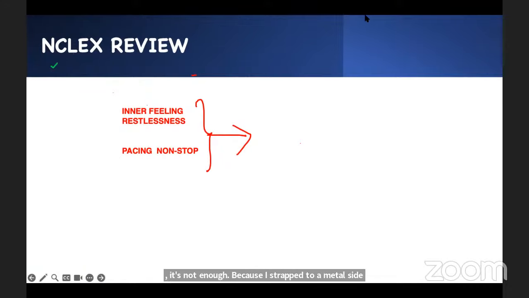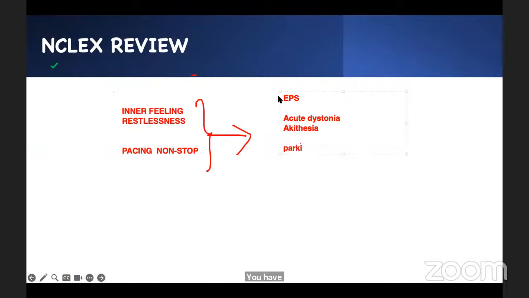They give you questions like that. Be careful. Don't pick the broad one. I know this is extrapyramidal symptoms, but EPS has a bunch of them. You have acute dystonia, you have akathisia, you have Parkinsonism, and you have tardive dyskinesia.